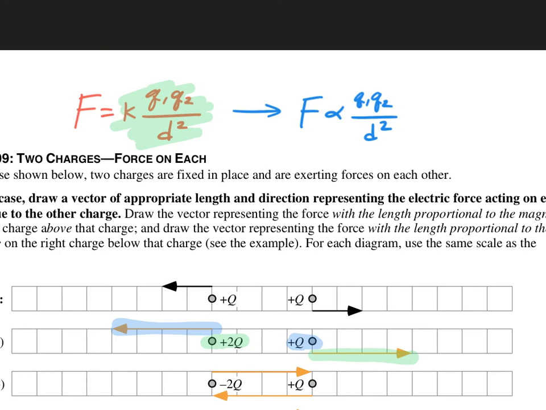So they have to be pointing at each other in B because they're opposite charges. And the magnitude is still 2. So relative to our original example, it has to be 4 squares wide instead of just 2, because I doubled the force size.